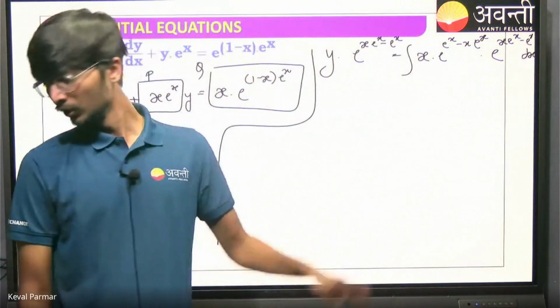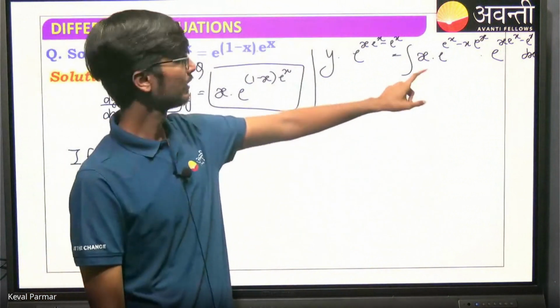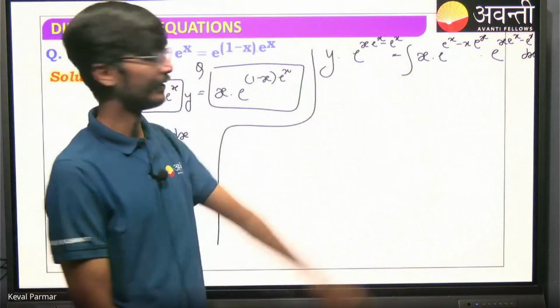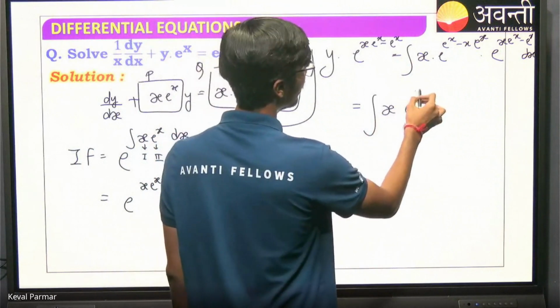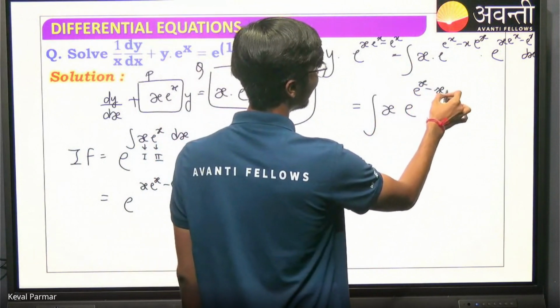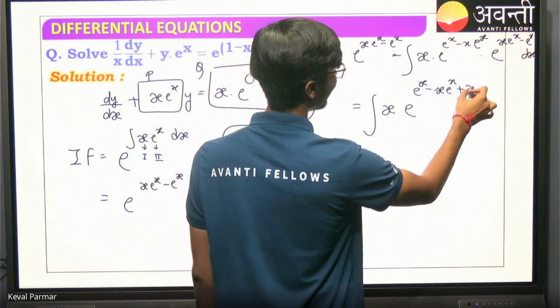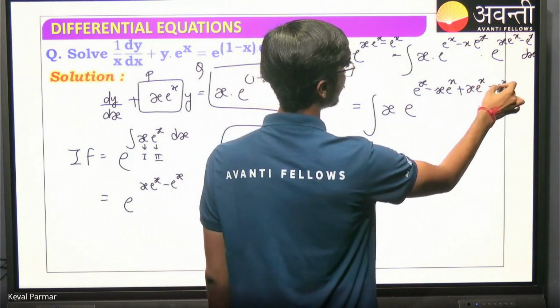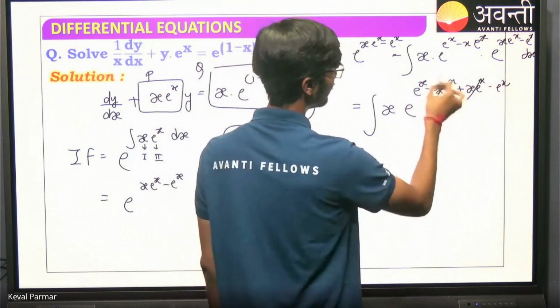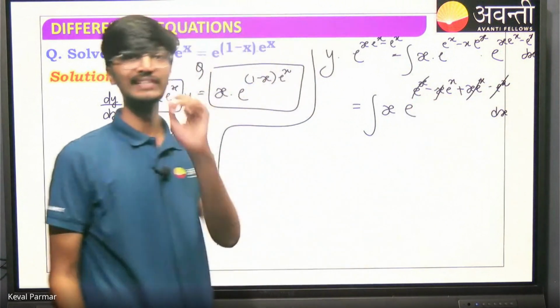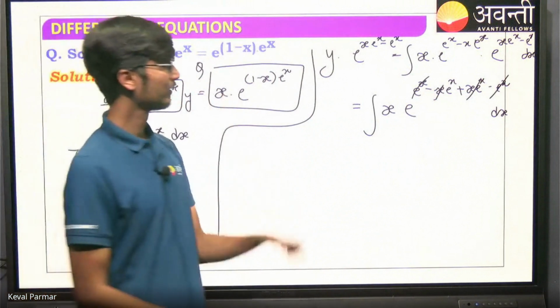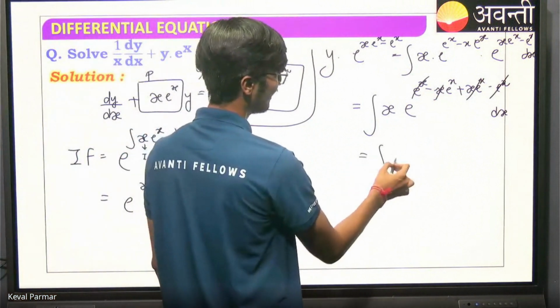So if we look at the powers of exponential function, they'll get added. So what I'll be left with is integration of x e raised to x minus x e raised to x plus x e raised to x minus e raised to x. So this will all get cancelled and we'll be left with e raised to 0. What is e raised to 0? It is 1. So I'll get integration of x dx.